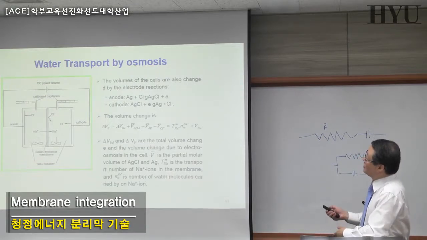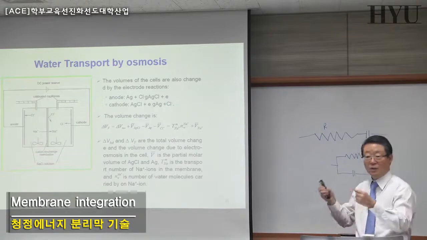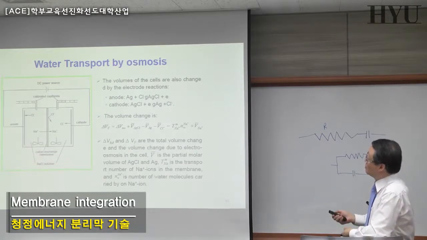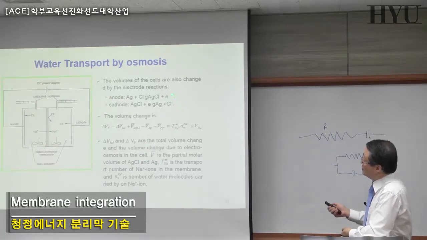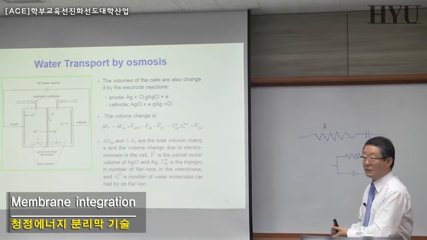The volume of the cell changes due to the electrode reactions. The electrons or the ions will be generated here at each electrode, so that there will be a flow of electrons which will generate the electricity.